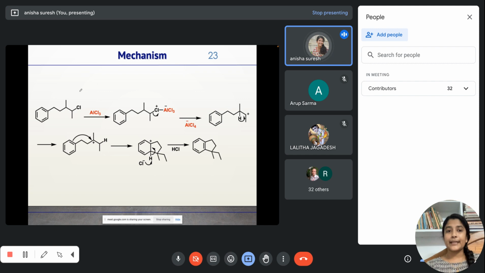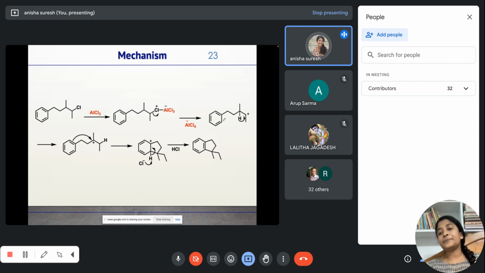So we can see the mechanism. So lone pairs of Cl will coordinate with AlCl3, resulting in the formation of this complex. Then this will be eliminating Al as AlCl4 minus, generating a carbocation at this position.